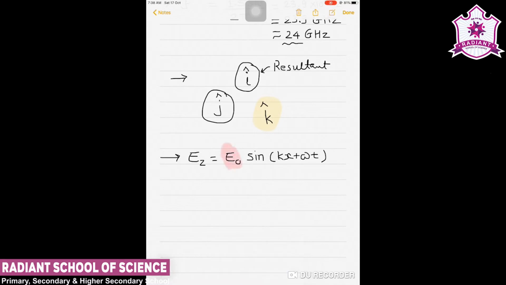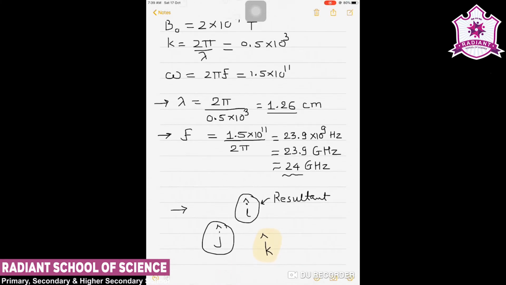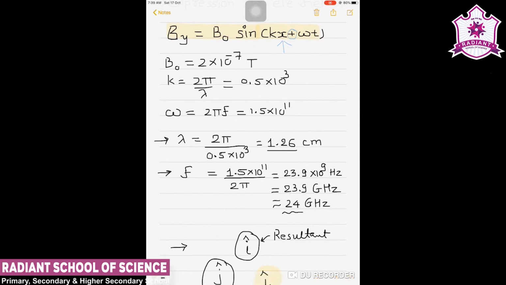So ultimately we need to find this E0, and E0 can be obtained using a simple relation: E0 over B0 equals C. So E0 equals C into B0, therefore E0 equals 3 into 10 raised to 8 into B0, which is 2 into 10 raised to minus 7, that we have already noted above as the given condition for B0.